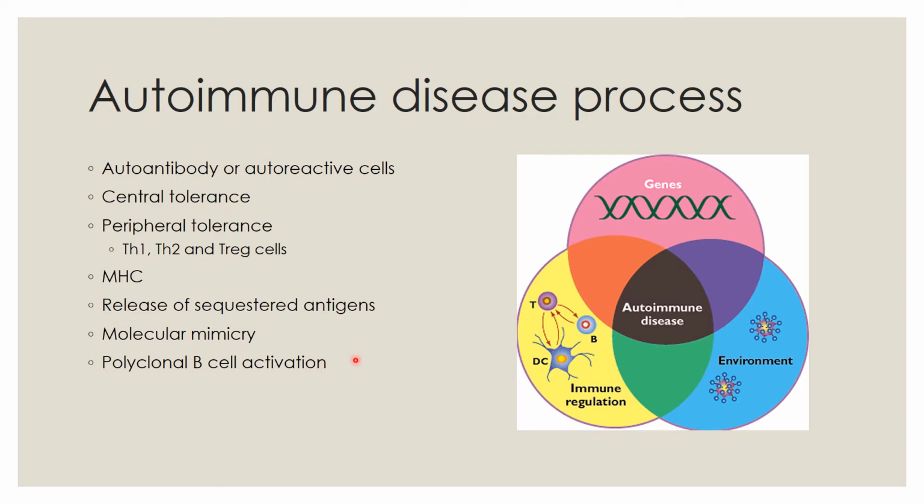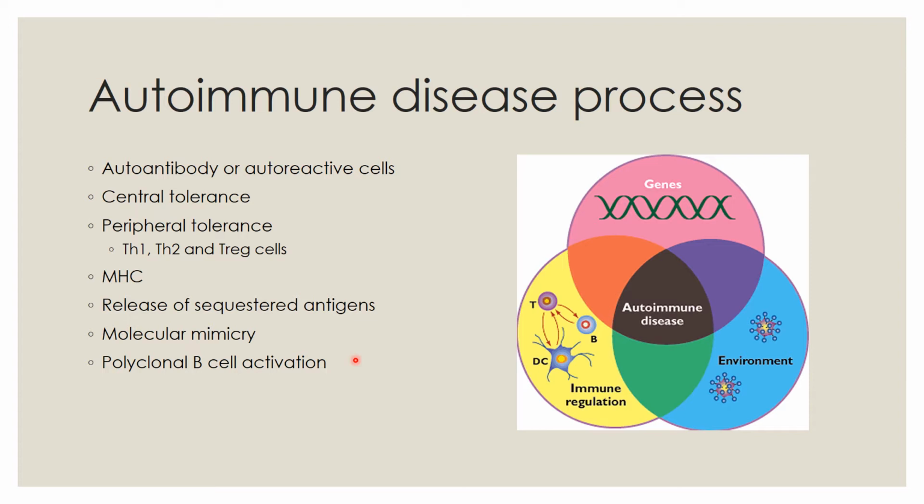And then the reality of the way the immune cells work is also an issue. Polyclonal B cell activation, this would be a B cell defect, right? So having multiple B cells being activated at the same time. When B cells are activated, they're supposed to go through hypermutation of their genes, producing more and more specific antibodies.